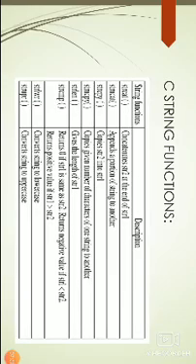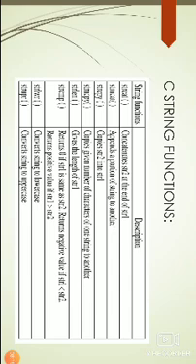So, see string functions. Here I'm making a table with two column headings. First column heading is string function, second column heading is description. So the strcat function concatenates str2 at the end of str1.